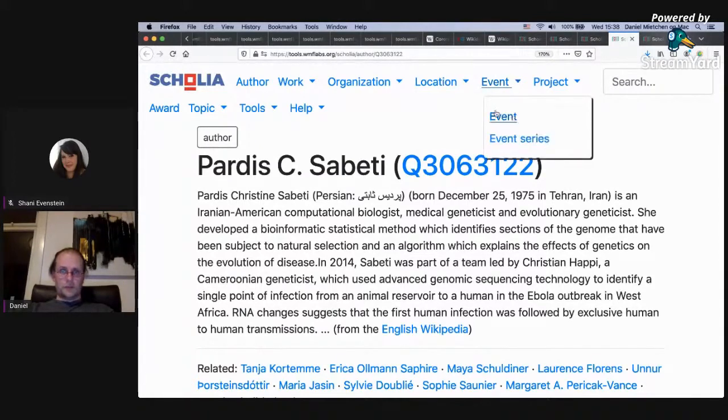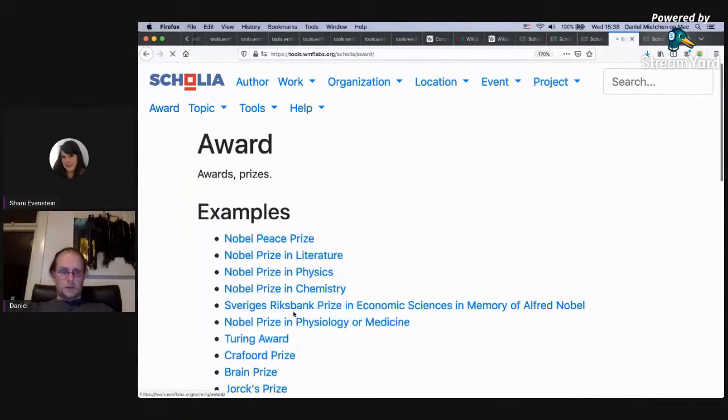Or we could go for instance, a conference or something like this, or an individual project, or clinical trials already mentioned. We could go by awards. So let's say Nobel Prize in Physiology, or we have some more specialized topics, like a protein or a gene or a pathway.